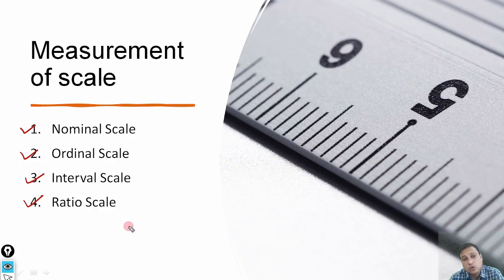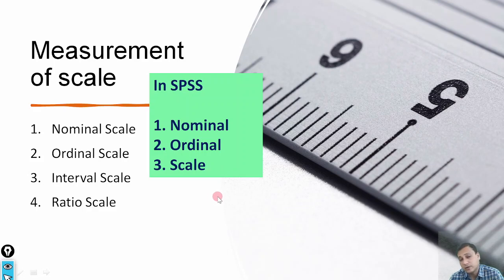All your variables, all your data is classified into these 4 measurement scales only. But again, if I go a little further, in software like SPSS, they consider only 3 scales: nominal scale, ordinal scale, and scale.